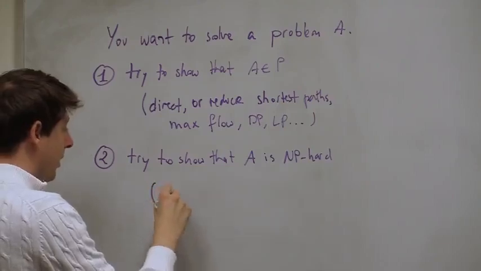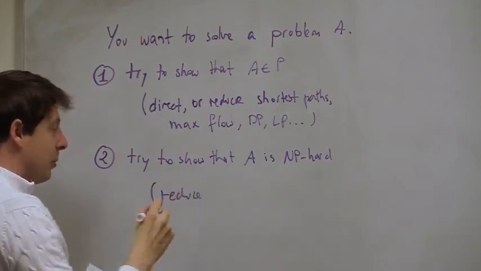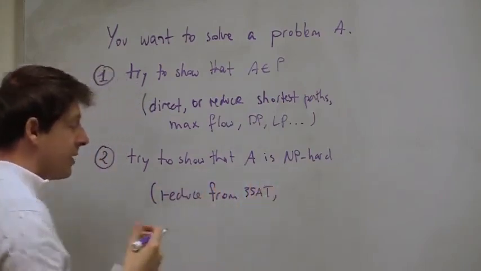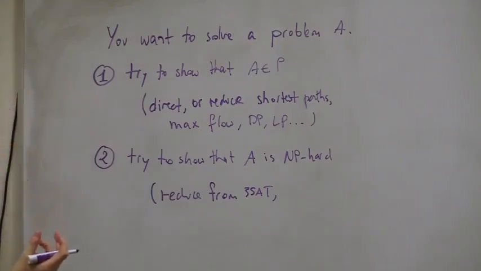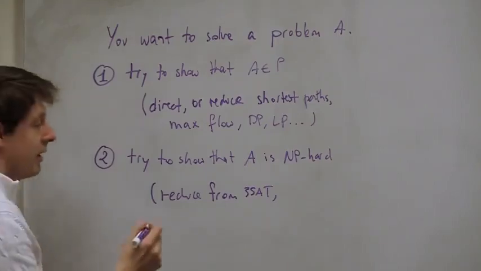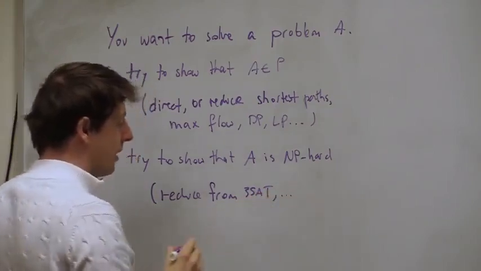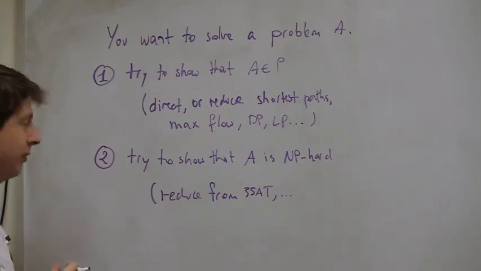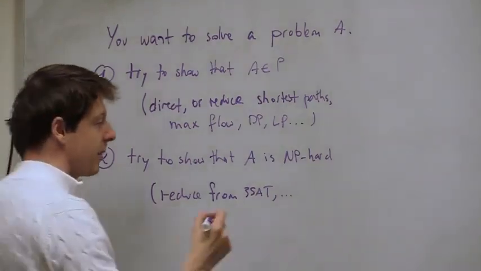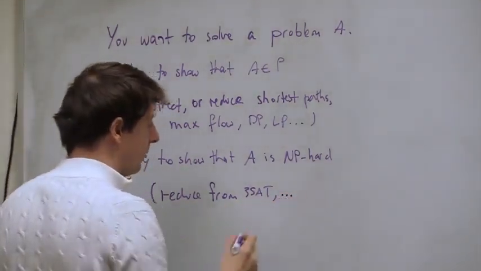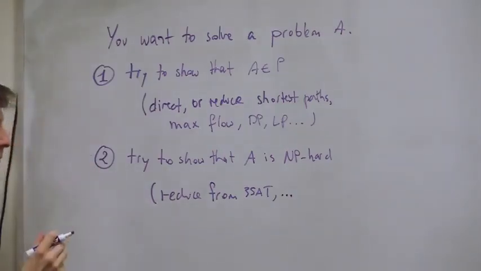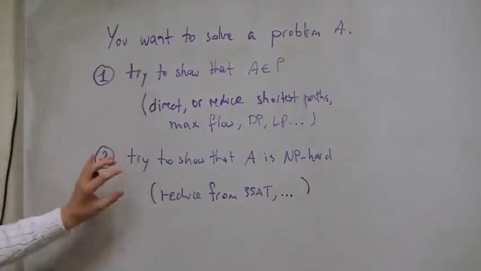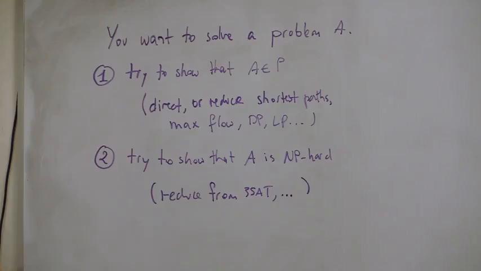For this, you can reduce from some other NP complete problem, for example from 3-SAT. 3-SAT is a particularly good one because its structure is so simple that it's usually easy to come up with gadgets that can represent the AND of OR clauses with literals. But in some cases some other NP complete problem is the one you want to start from. The point is that now we have the tools to do that, and that's indeed what we did last time for some graph problems.